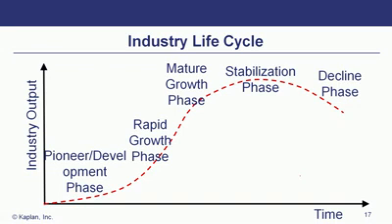Stabilization phase, this of course is the big behemoth company growing at something like the average growth rate in the economy. So if you want to grow at an above average rate in a stabilization phase firm, then you've got to basically take market share from someone else. And then you've got the decline phase at the end, and this is where product life cycle and company life cycle don't converge perfectly, but you can think of these products as getting older and fewer people are using them.